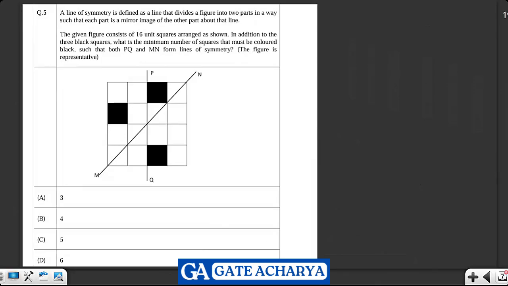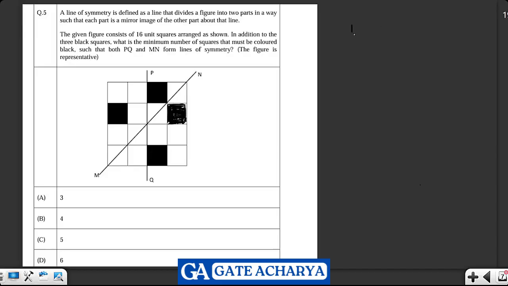Okay, let's try it out. First, let's start with this diagonal segment. This diagonal segment is already symmetrical, right? This black and this black, and this one is already symmetrical. So the only symmetrical I need is this one. If I make it black, now you can see something happening here. It is almost similar with respect to the MN segment, that is the diagonal line.